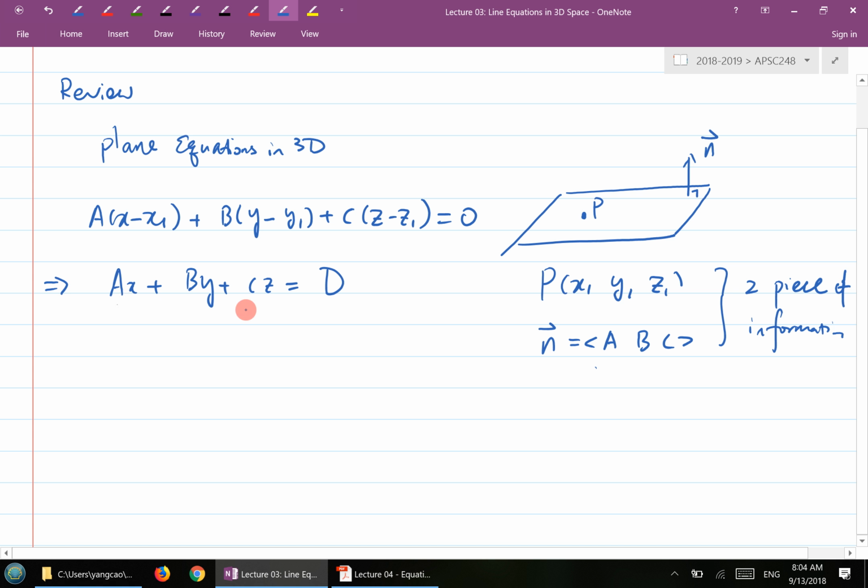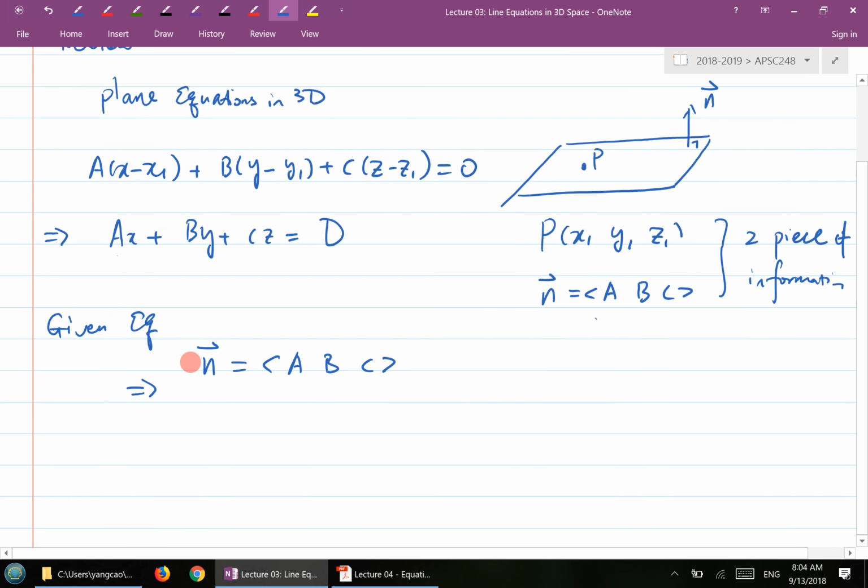So given the equation, I can reverse it to get this a, b, c.